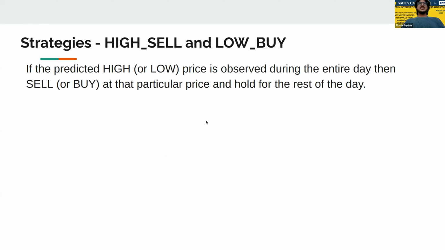If we observe the predicted high price in the next day, during the course of the entire day, then sell at that particular point. If we predict the low price, then buy at that particular point. So it's pretty intuitive in a way.